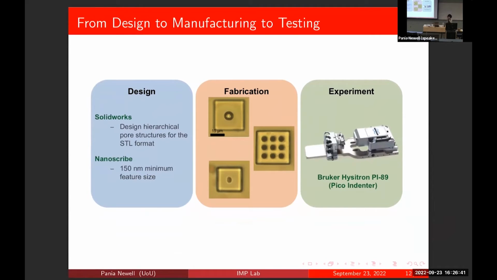So we started looking at the Nanoscribe. With Nanoscribe you can print structures at the nanoscale. And by nanoscale, I don't mean single digit nano, it's 150 nanometers. That's the range of the feature size that you can design.